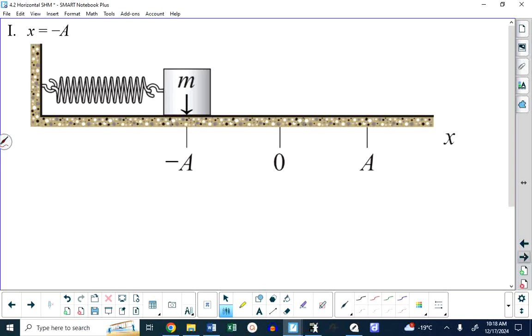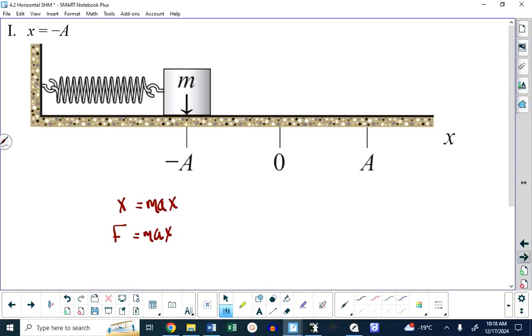What do we know about the displacement? Well, the displacement is a maximum. Definitely, right? Are you with me on that? Okay. That means that the force is a maximum.